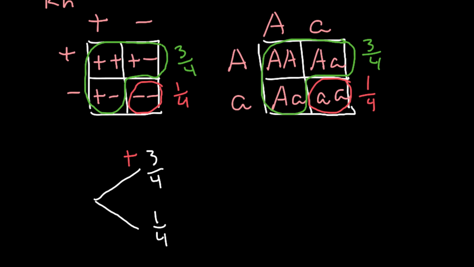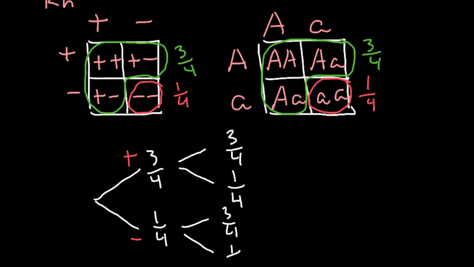Also among those 3/4 who are going to be Rh positive, 3/4 would produce insulin, and 1/4 wouldn't be able to produce insulin. And here we see the same picture: 3/4 would be able to produce insulin, and 1/4 wouldn't.